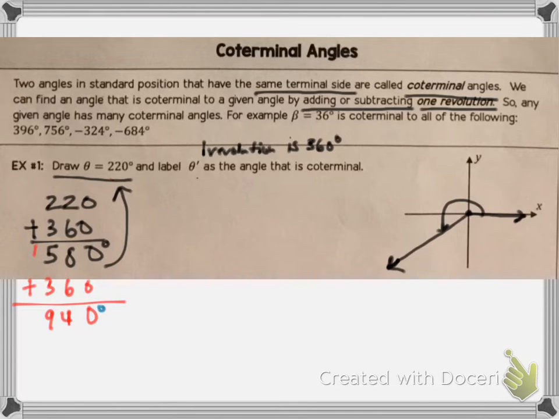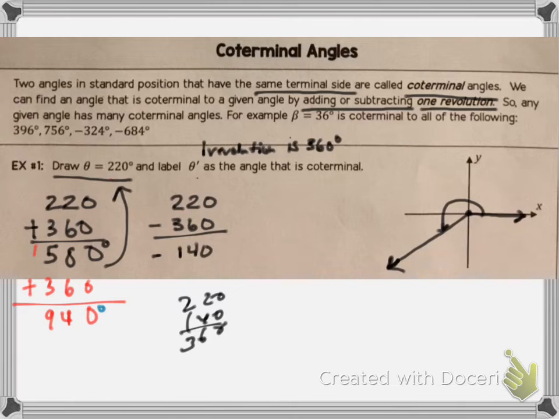A full revolution is 360, but this time I'm going to subtract because I want to have a negative coterminal angle. So that's going to be negative 140. Let me check: 220 and 140 make 360. Yeah, that's right. So it'll be negative 140.